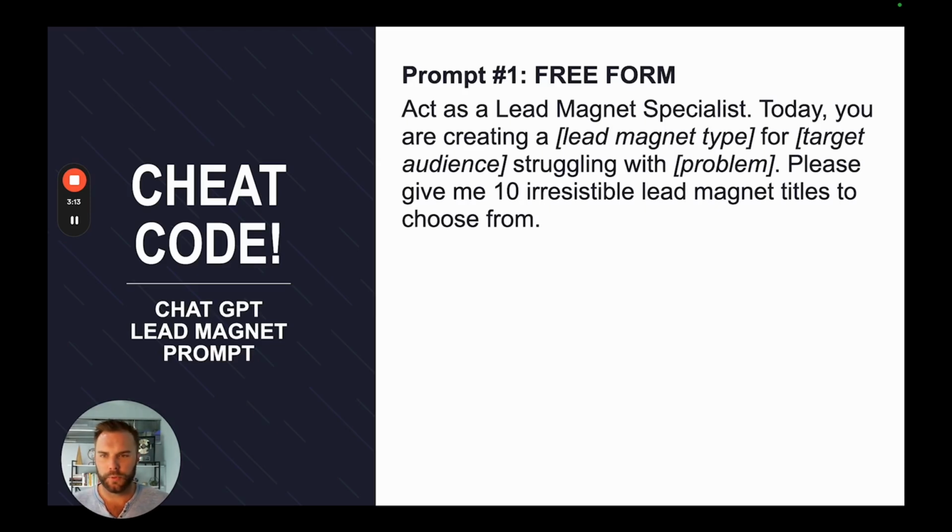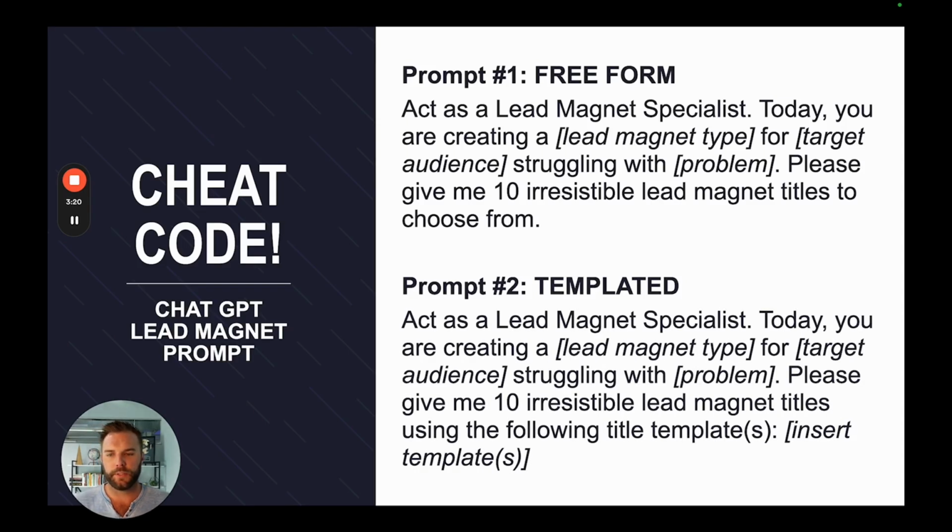Prompt number 2 is going to be the templated prompt. So this one, we're going to go act as lead magnet specialist. Today, you're creating a XYZ lead magnet type for target audience struggling with this type of problem. Please give me 10 irresistible lead magnet titles using the following title examples, and then you're going to insert the templates that you pulled from our swipe file to give it some instruction.